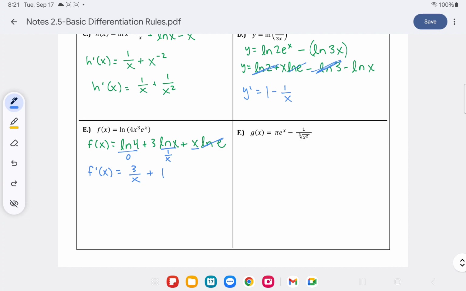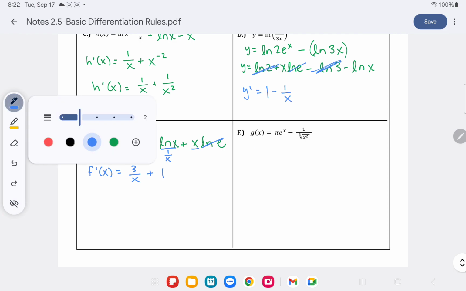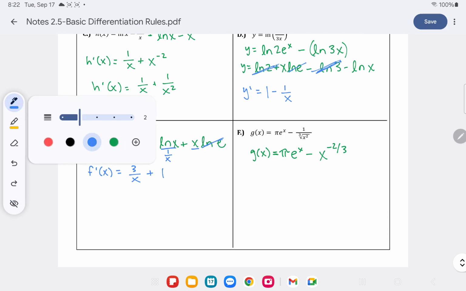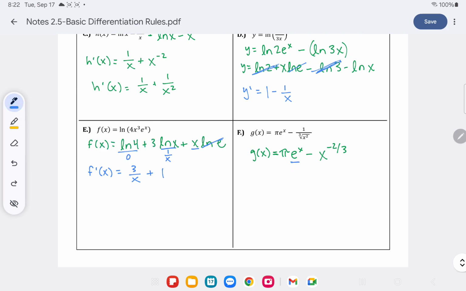And then one more. We have pi times e to the x plus 1 over the cube root of x squared. Can't simplify that anymore. I am going to rewrite the second term as x to the negative 2/3 power. When I take the derivative of pi times e to the x, remember the derivative of e to the x is just e to the x.